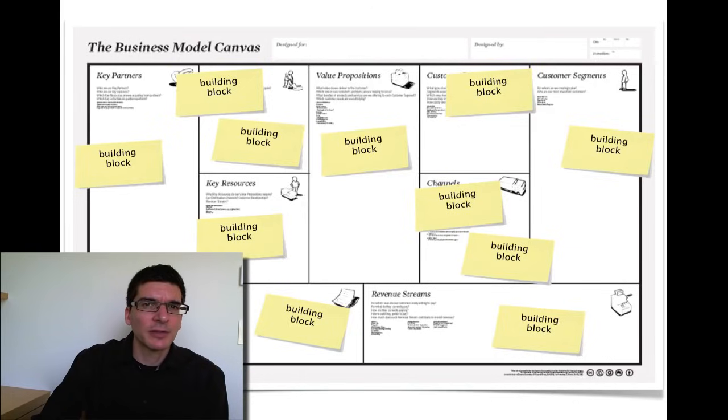Well, if those are the customers, what value am I offering them? Sticky note. How am I reaching my customers? Sticky note. Oh, if that's the value I'm creating, that's the way I'm delivering it, well, what resources do I need? Sticky note. What activities do I need? Sticky note. So you can map out your entire business model, the business model you want to create or the business model that you already have. It will give you a clear picture and a better understanding of all the pieces of your business model.